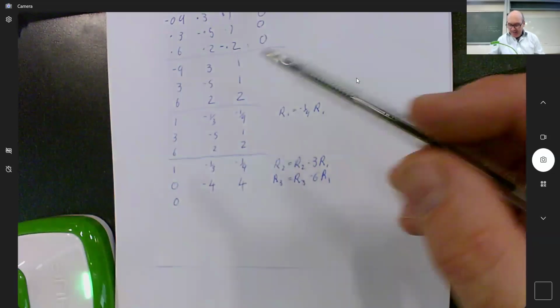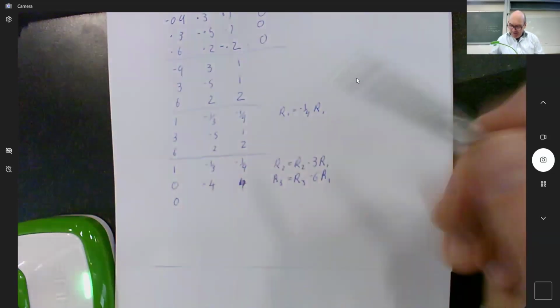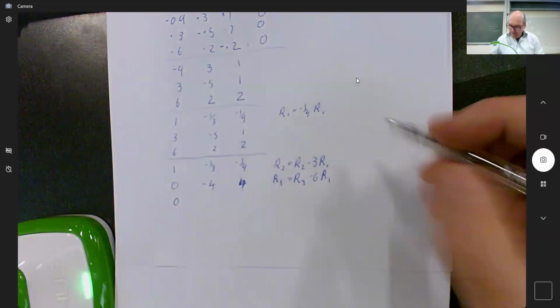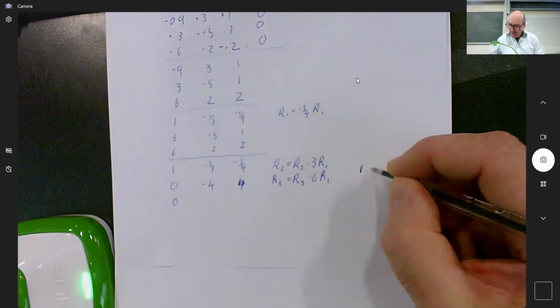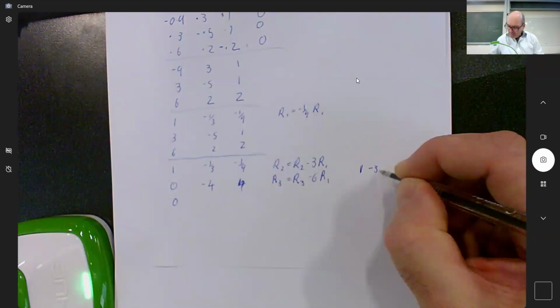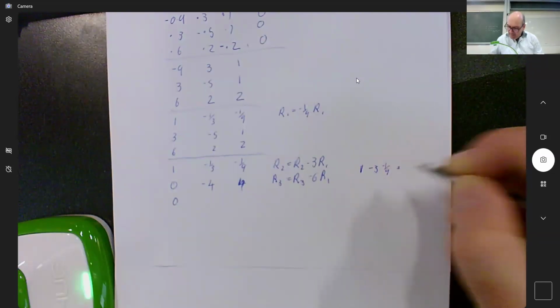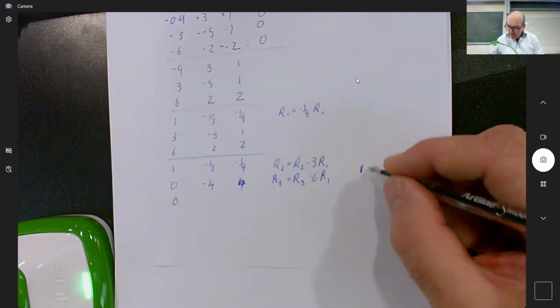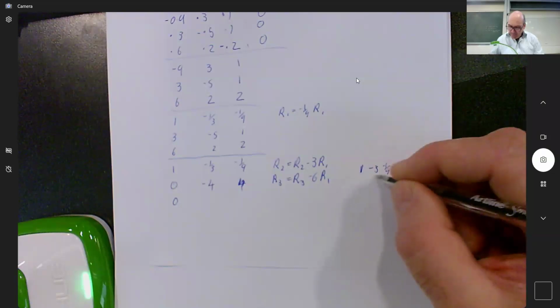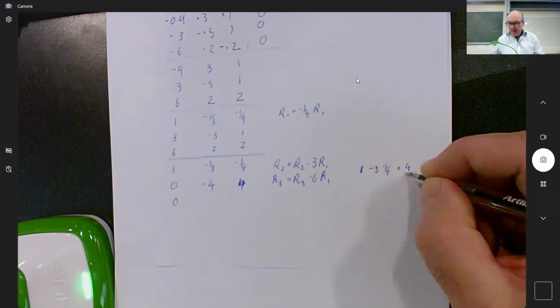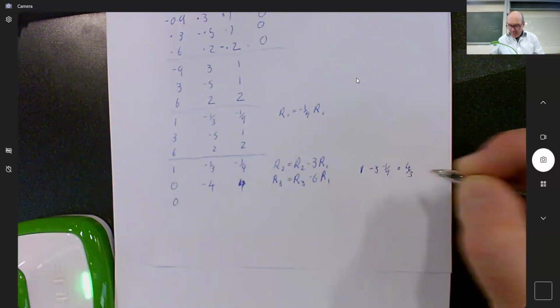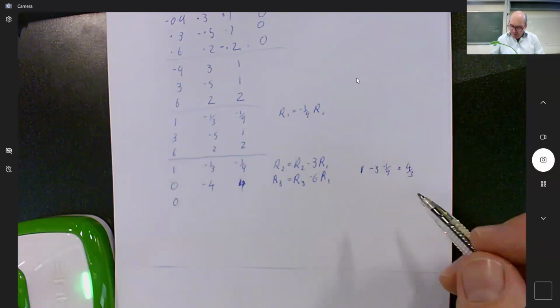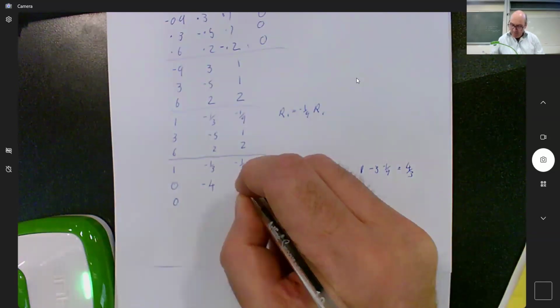Let's try that again. 1 minus 3 times minus 1 on 9, so that should work out to be a third. And so this should work out to be 4/3. That makes me feel a whole lot better. 4 on 3.